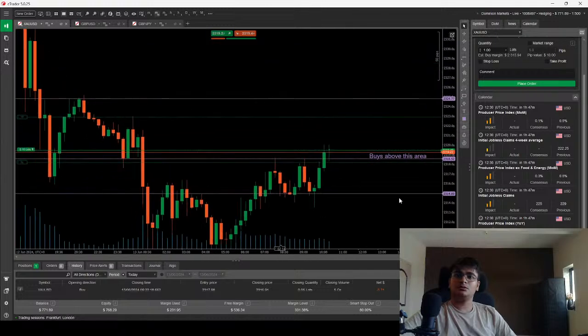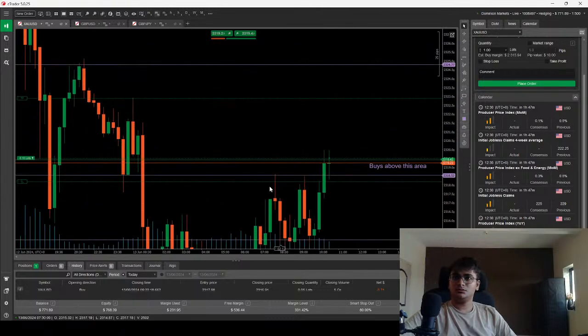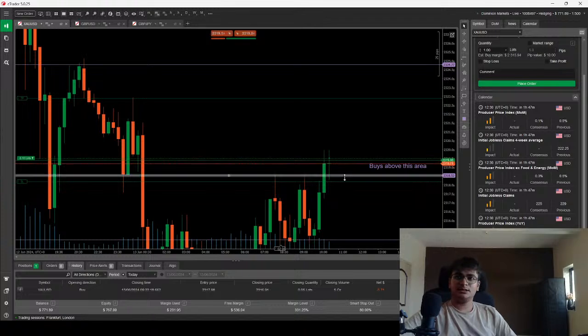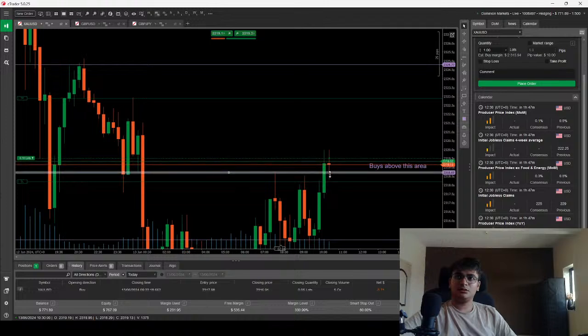How much is it? We are risking around $13, right? Let's see if the candle closes or comes back below this area. We need to close it.